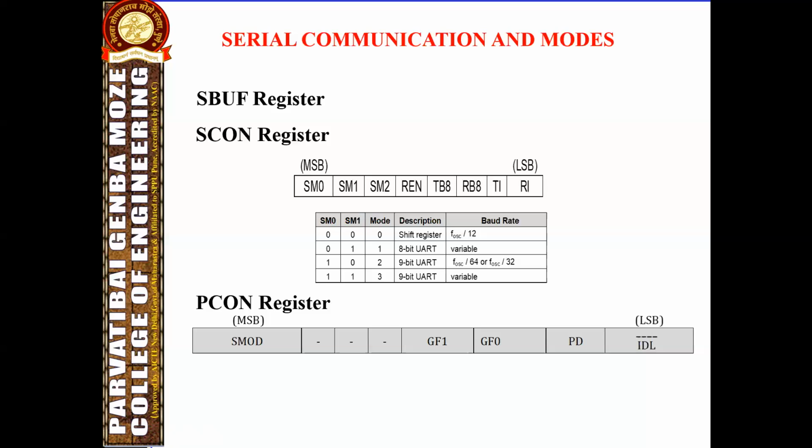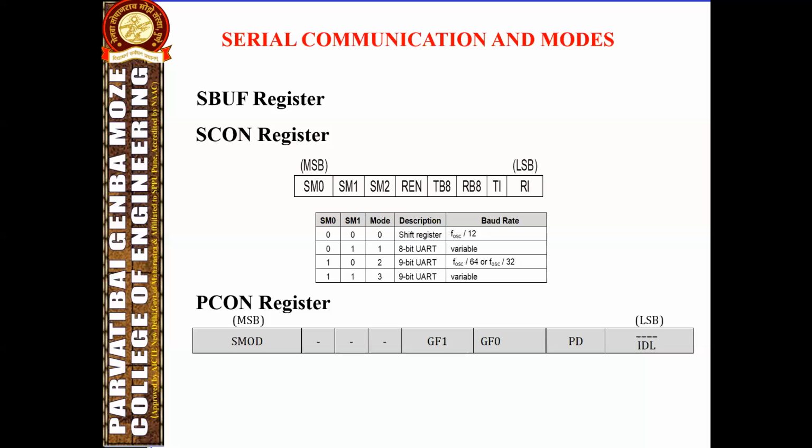TI is the transmit interrupt flag, which is set by the hardware at the end of the 8th bit time in mode 0, or at the beginning of the stop bit in the other modes. In any serial transmission it must be cleared by the software.